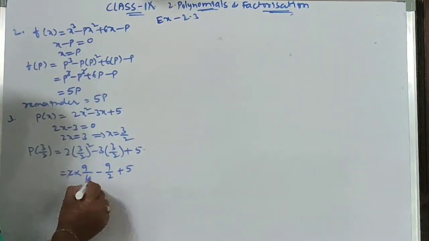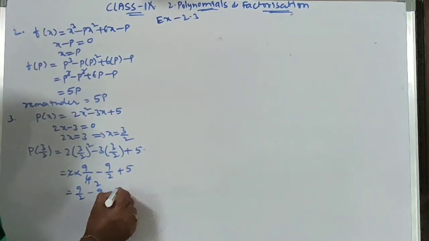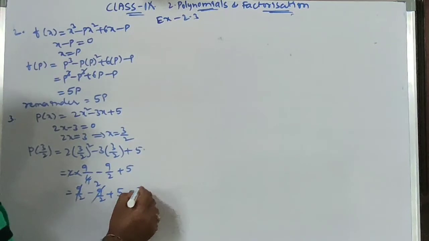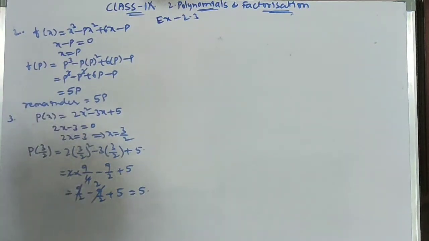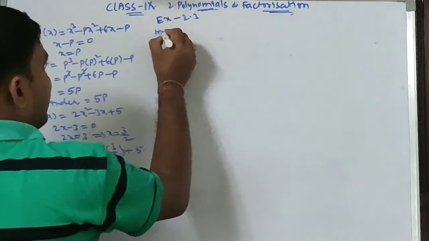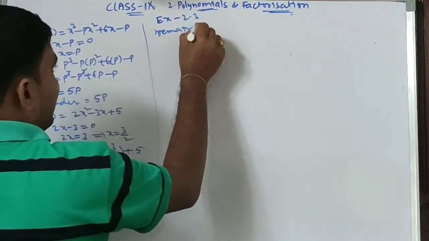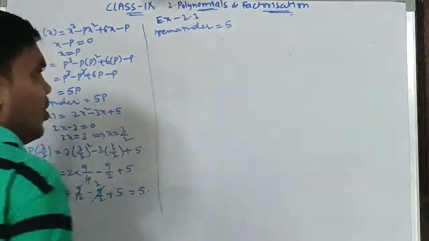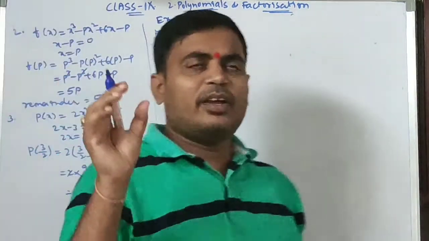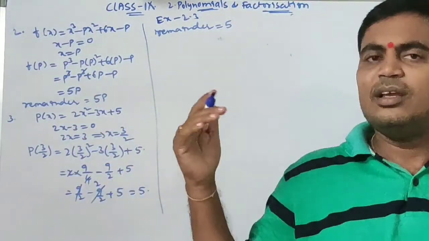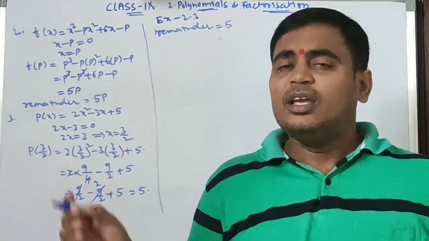So 2 into 9 by 4 is 9 by 2, minus 9 by 2 plus 5. 9 by 2 cancels, we are getting 5. So the remainder equal to 5.